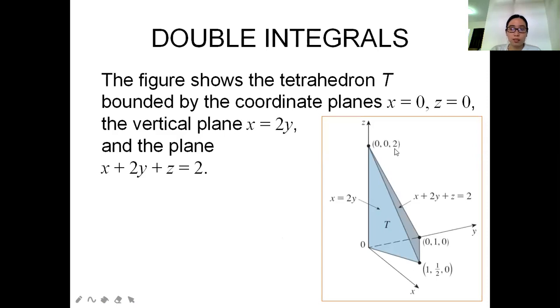So this figure shows the tetrahedron T bounded by the coordinate planes x is equal to 0, z is equal to 0, and the vertical plane x is equal to 2y, and the plane x plus 2y plus z is equal to 2.